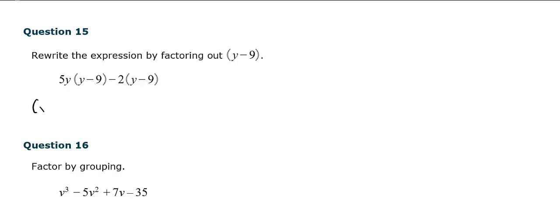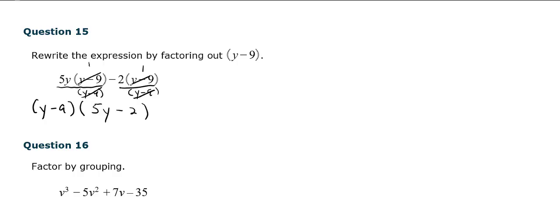So we're going to take out the greatest common factor and we're going to divide it out of each term. So y minus 9 over y minus 9 is just 1, so that just leaves us 5y times 1, which is 5y. And for the second, the same. Y minus 9's reduce, and negative 2 times 1 is negative 2.